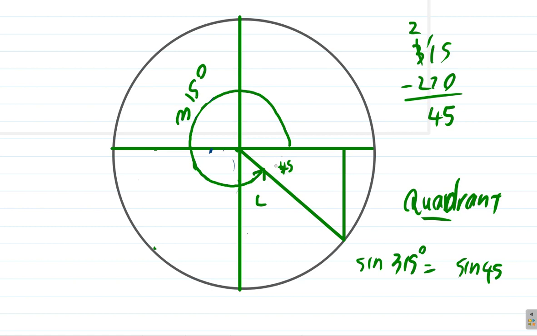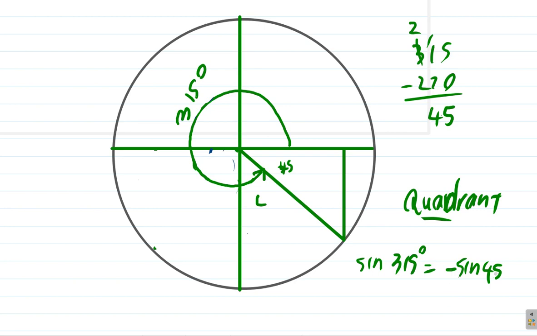It would be negative, because our opposite has to run down this way. So it is negative. The negative opposite over hypotenuse gives you a negative, so it's negative sine 45. So I bet you that will work.